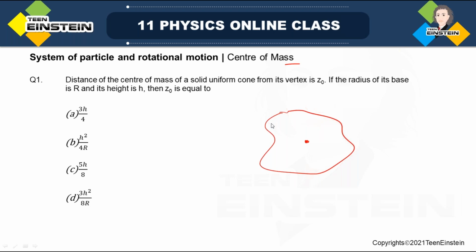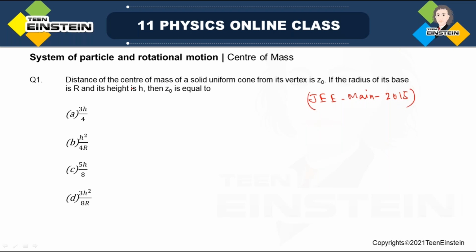So let's discuss this problem. The first problem from this chapter was actually asked in the 2015 JEE Main exam.